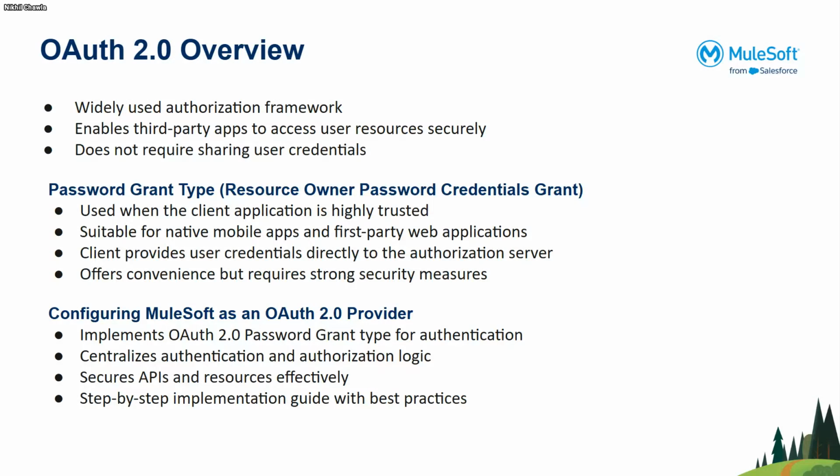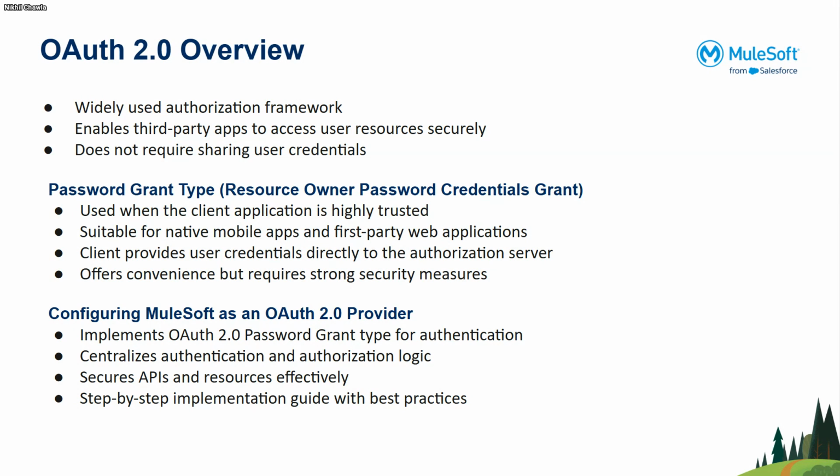As I said, it is widely used as an authorization framework, and it enables third-party apps to access your resources securely. Most of the time, for example, you are logging into some app and it asks whether you want to log in with Google, or whether you want to allow Google to use these credentials of yours. So most of the time you are going through an OAuth flow.